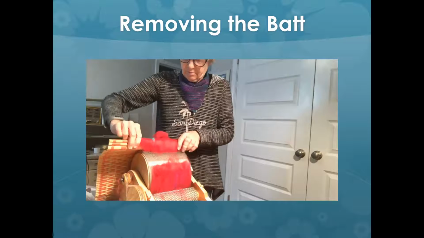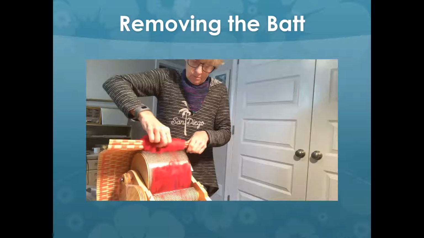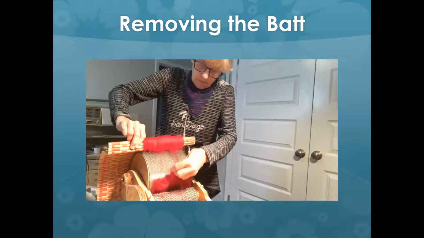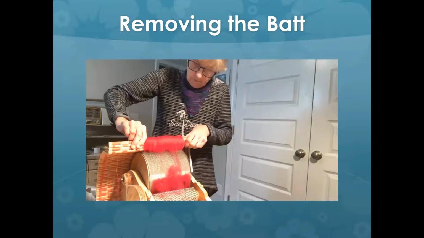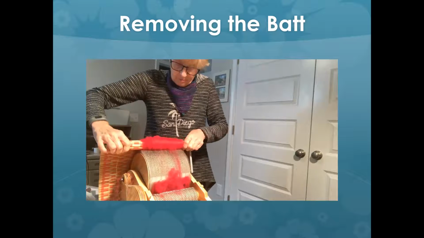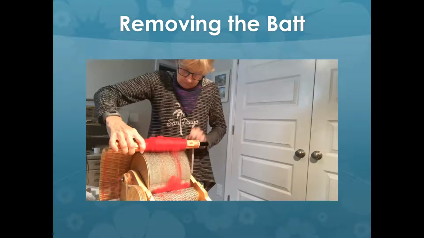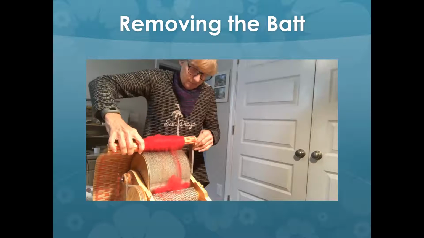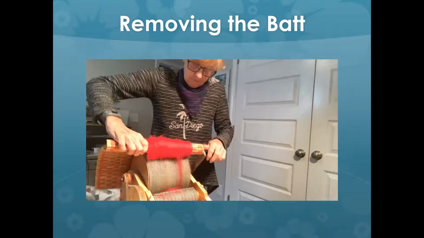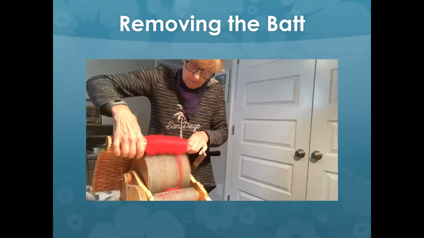I saw this on YouTube. And to get my fiber off, I press and just roll it off. Some of it's sticking a little bit, but it's going to roll right off the drum. And those little things sticking up that it's on, they are very sharp. You could really hurt yourself on a drum carder.